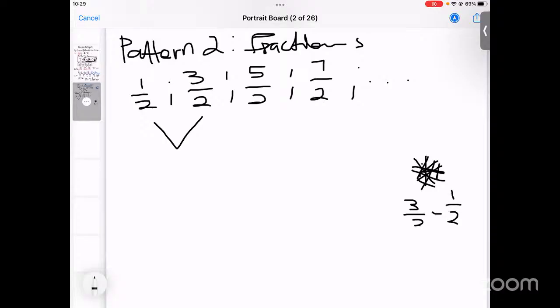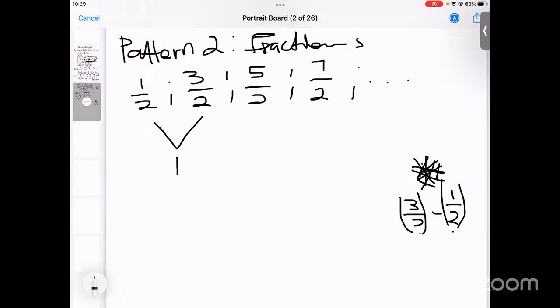Yes, this is what I meant. Make sure that your calculator can do this type of fractions. If it doesn't, then make sure that it's inside brackets. So, 3/2 minus 1/2 gives me 1.